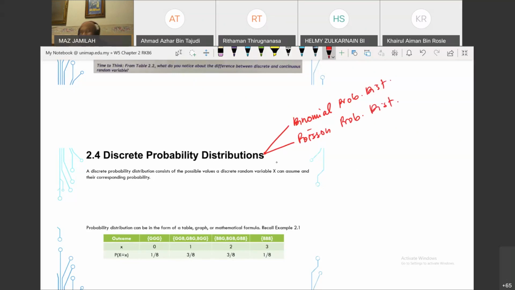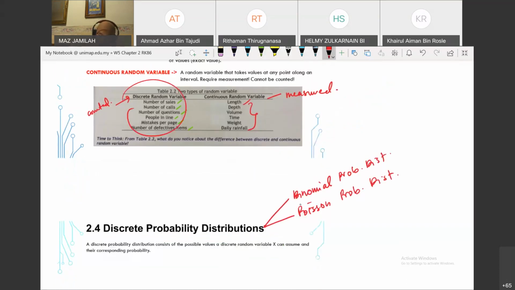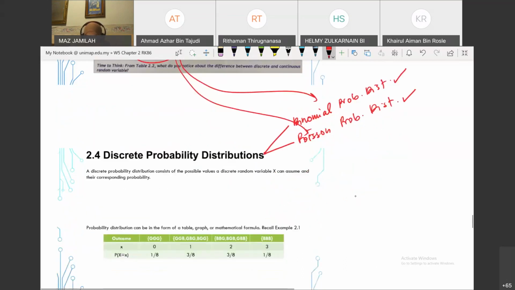Now we know how it becomes discrete and how it becomes continuous. But from here it can be either one of these. How should we know whether it follows binomial or Poisson? Okay, let us look at the details.